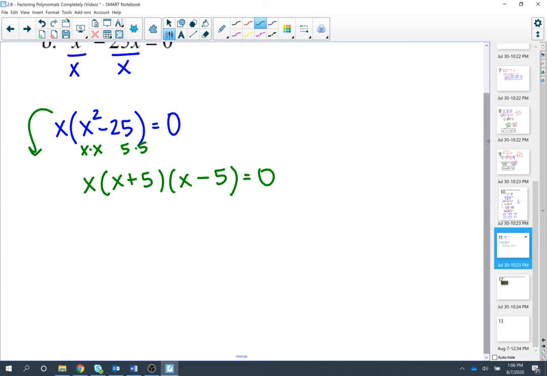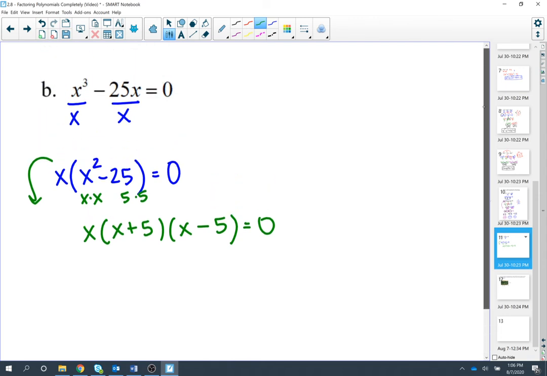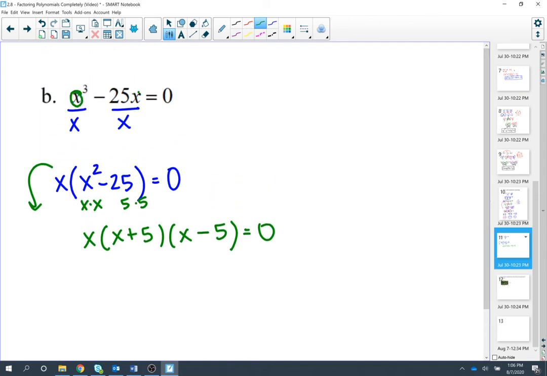Okay, again, if we go back up here, you're trying to figure out what can I put right here so that I get 0. Well, again, I'm looking at it going probably 0. 0 cubed minus 25 times 0, that'll probably do it. But there's probably something else.